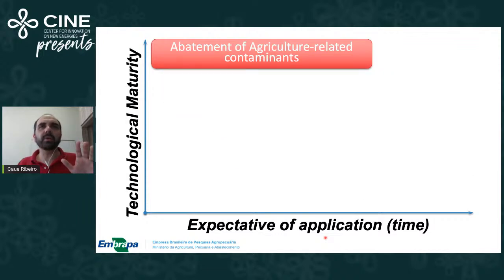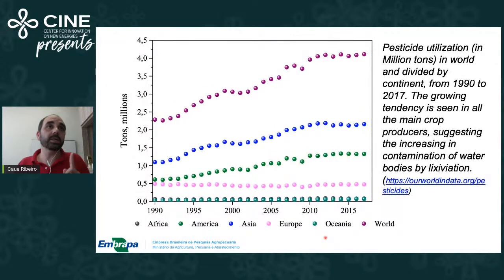But in general, we can explore these applications along the time and understand that specifically in terms of the abatement of these agriculture-related contaminants, we have explored them because we have a real problem to address. The utilization of pesticides is growing with the growing of agriculture. The production of crops in the world has been growing from the 90s at a remarkable rate, more than twice from the 80s to today.